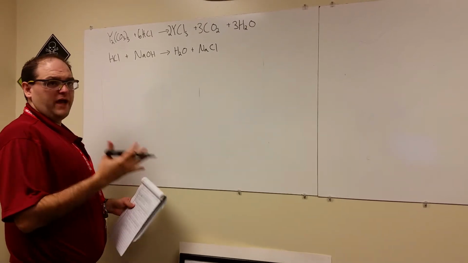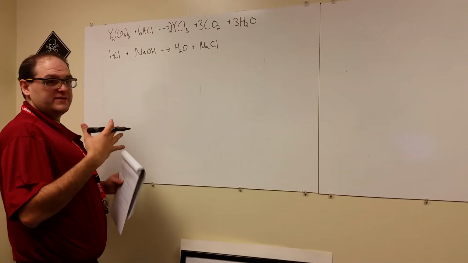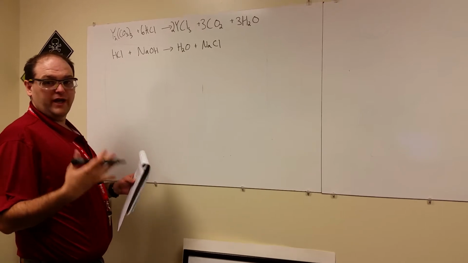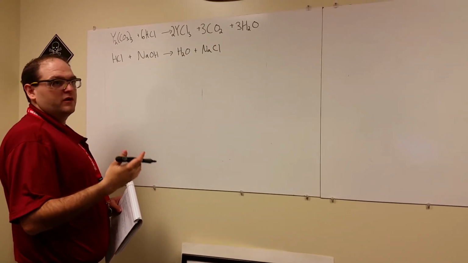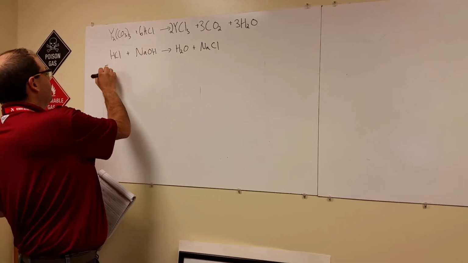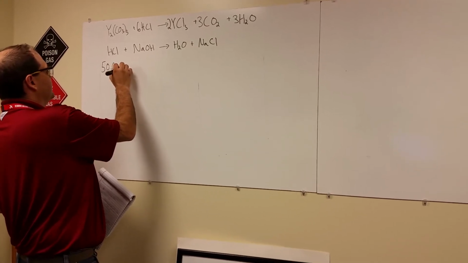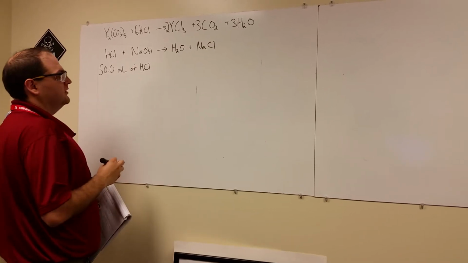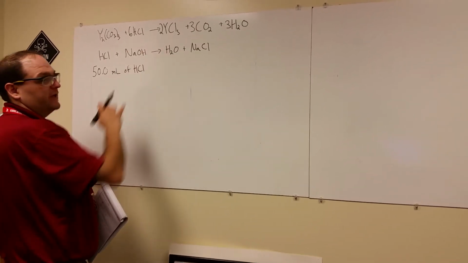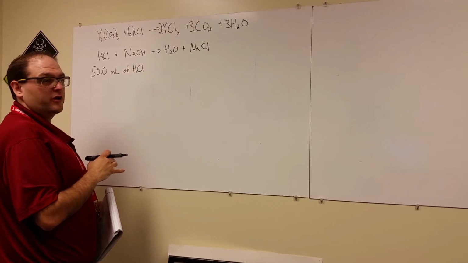Now, the math from here is going to be similar for your particular reaction, but you're going to have different values to put in. In this particular case, we were given 50.0 milliliters of HCl. And that was allowed to react in the reaction with the yttrium carbonate.